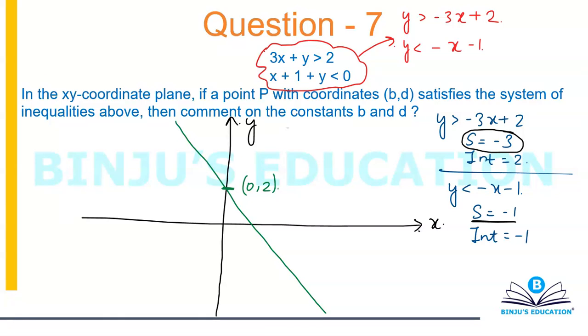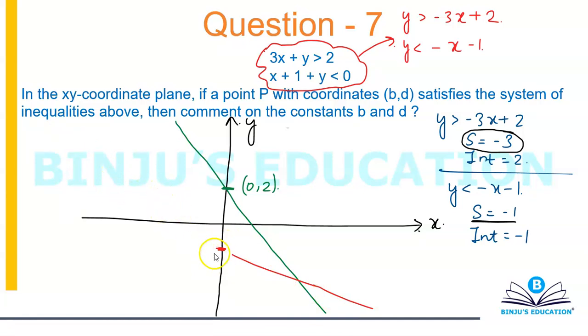The second line is y is equal to minus x minus 1. So this line can be drawn as something like this. I hope you got the concern. And this point here, let me draw it again.